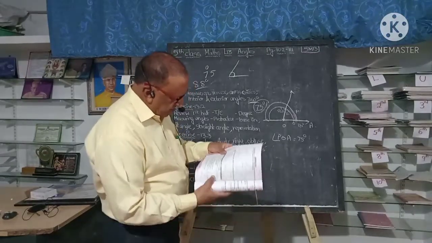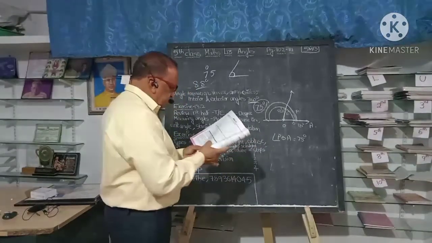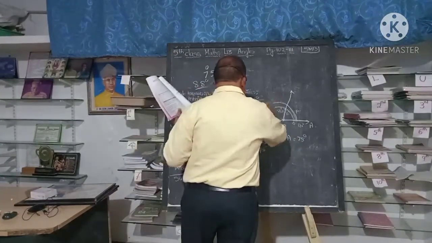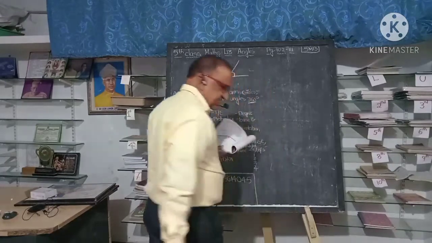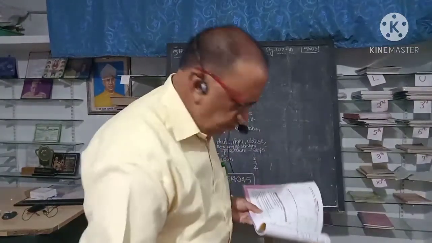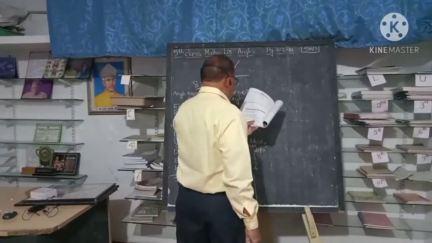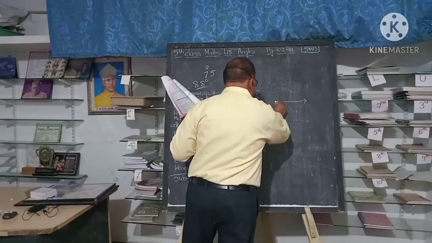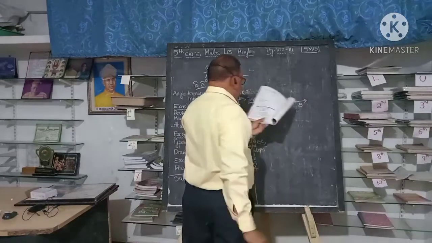Okay, drawing an angle. First, draw a ray AB with A as its end point. I just want to follow exactly what is given in the textbook so that we can easily follow. This is a ray, this is the end point A, and this is B.